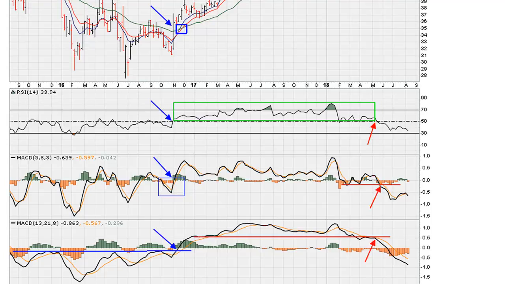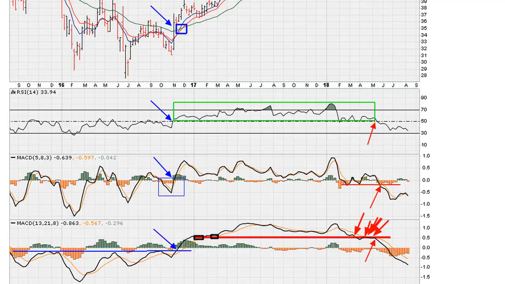Now, something else I want to show here is, take a look at this line here, which is a red line. So you notice, it was support here, and then we broke down here. Once we broke down, the same line, the red line, became resistance. So these lines might seem arbitrary, but the market was responding to them because we failed to recapture back above the red line.